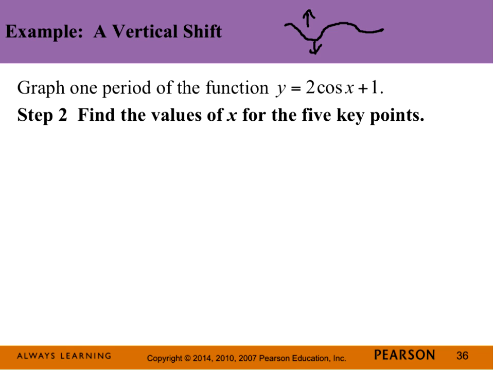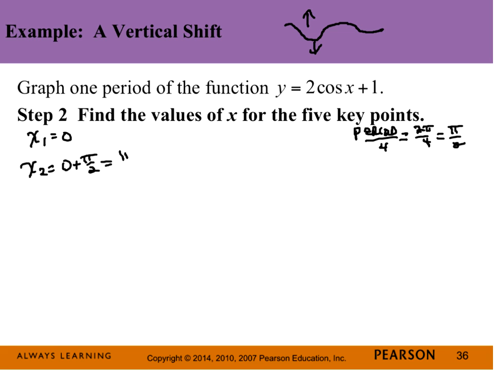We have not shifted left and right. We had no phase shift. So our x1 value is 0. And I need to figure out how much I need to add on to each of those values. So it's the period divided by 4, which is 2 pi divided by 4, or pi over 2. So our x2 is pi over 2.